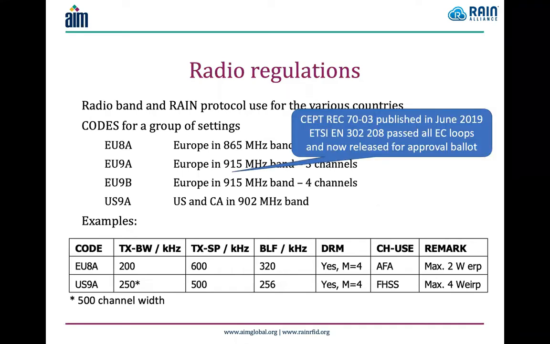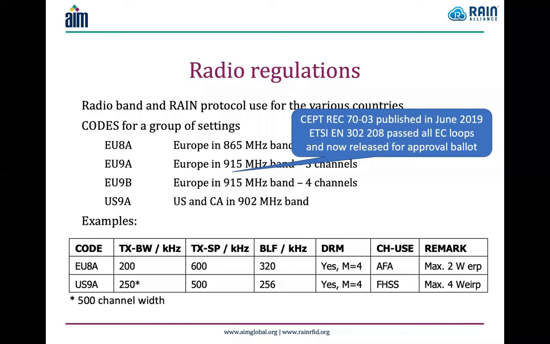Sorry, yeah. And very important here, in Europe, we now have the new 900 megahertz band approved. So this means ERC recommendation 70-03 has been published already a year ago. This is the legal background. And then we had lots of hurdles in getting the ETSI standard passed. Finally, it passed all the European loops and it's now released for approval ballot.